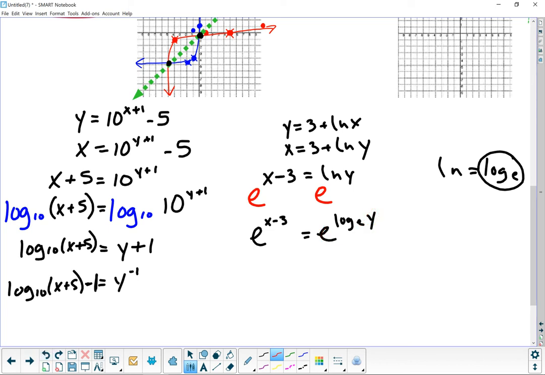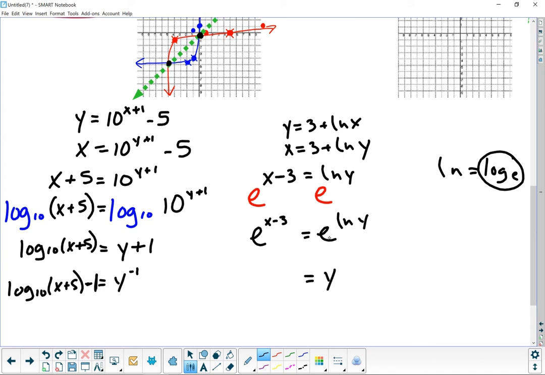In this case we have e to the log base e, and remember log base e is really ln. So an e as a base to a log base e will also cancel out, and we will be left with just the y.